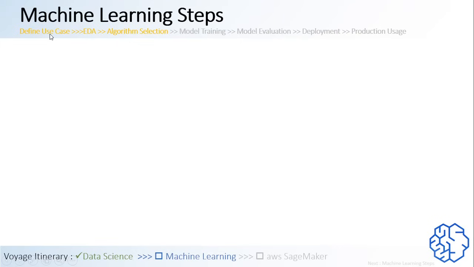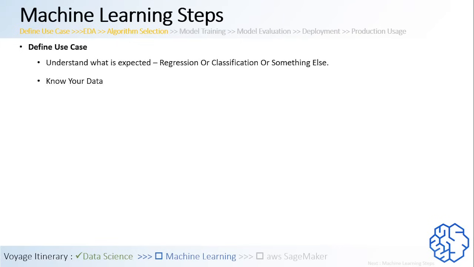The first step is define the use case. Now this is very important. As a machine learning engineer, you want to define what you want to do, or sometimes your business will tell you what you want to do based on your data.